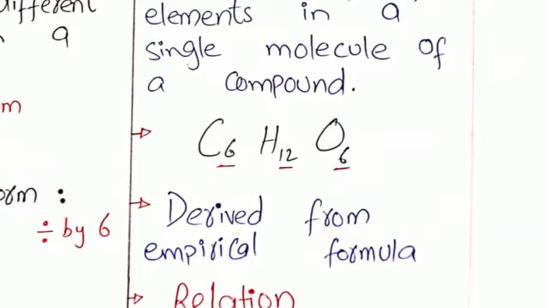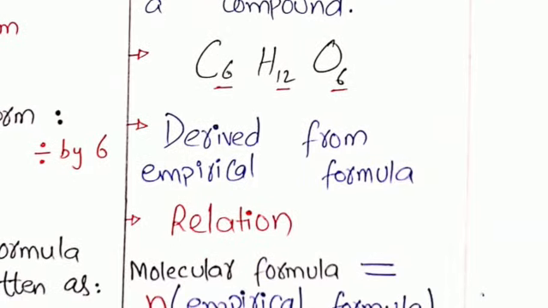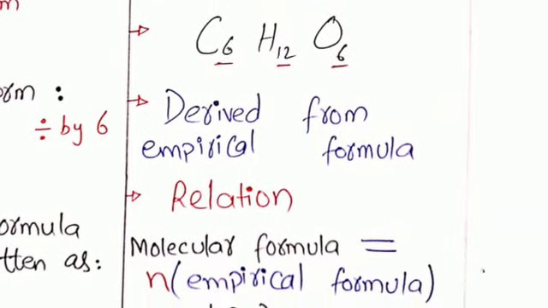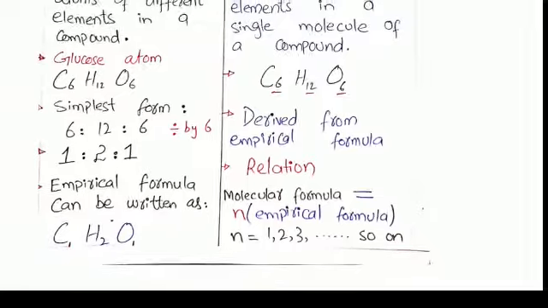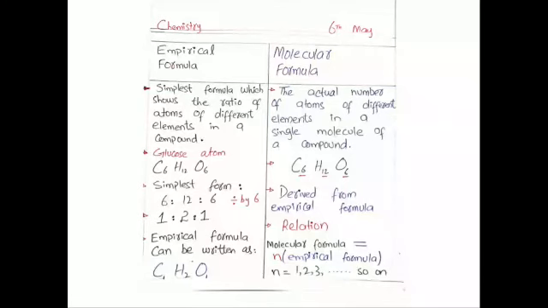Now this is the molecular formula, and molecular formula is derived from empirical formula. The relationship between these two formulas is molecular formula is equal to N into empirical formula, where N shows us 1, 2, 3 and so on.